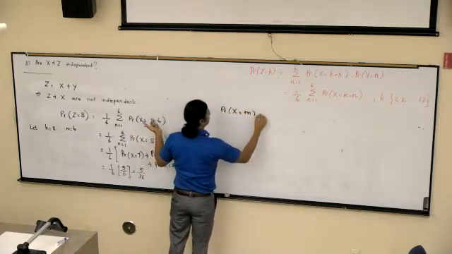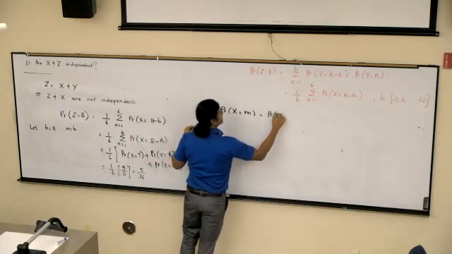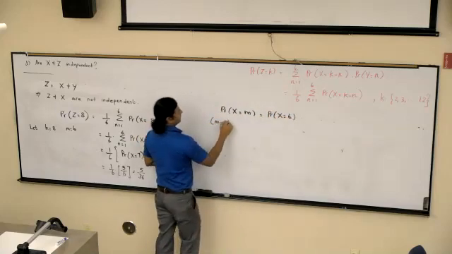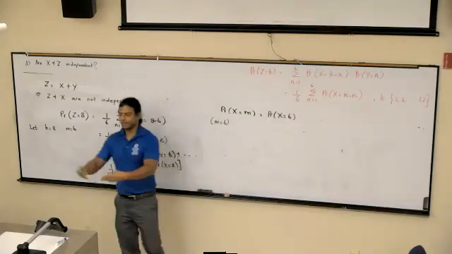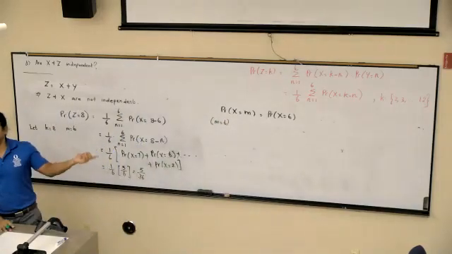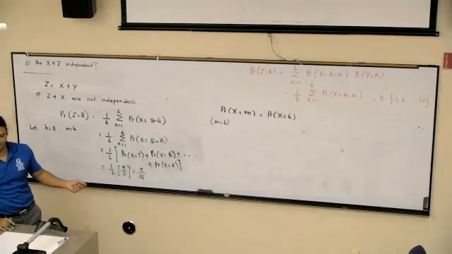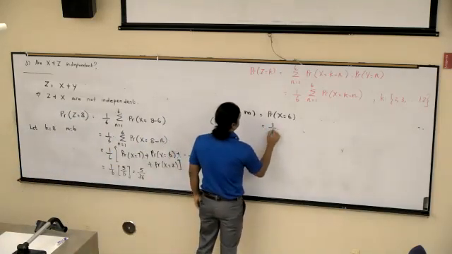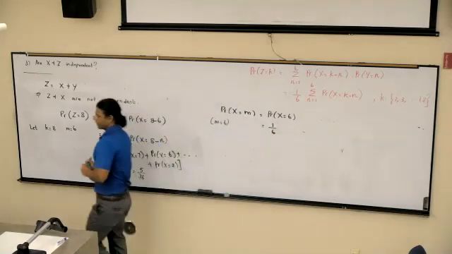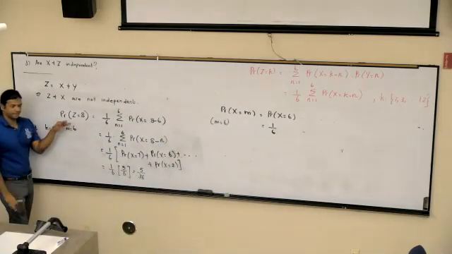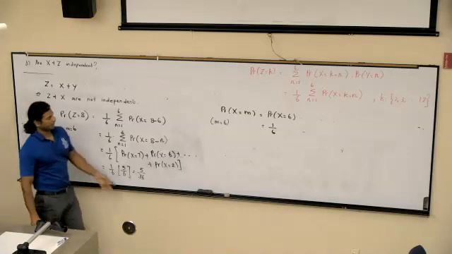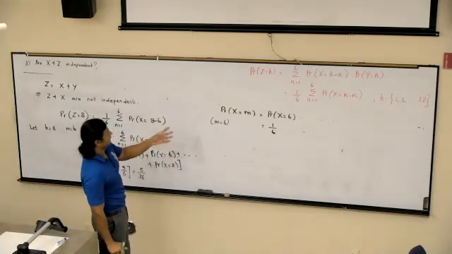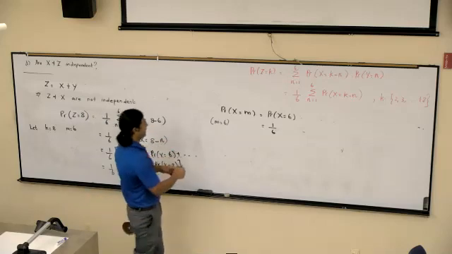In our case, if m is 6, I want to know the probability that x would be 6. What is the probability that x is 6? 1/6. So I found the probability that z is equal to 8, probability that x is equal to 6.